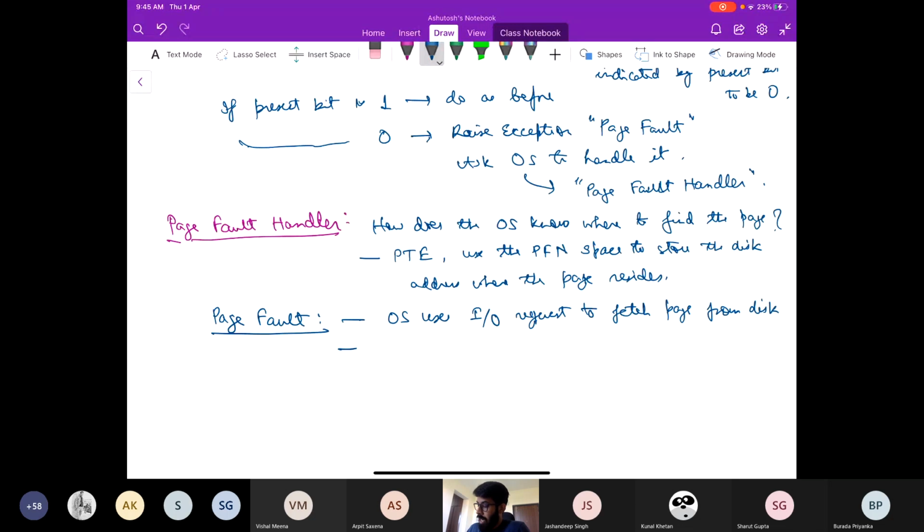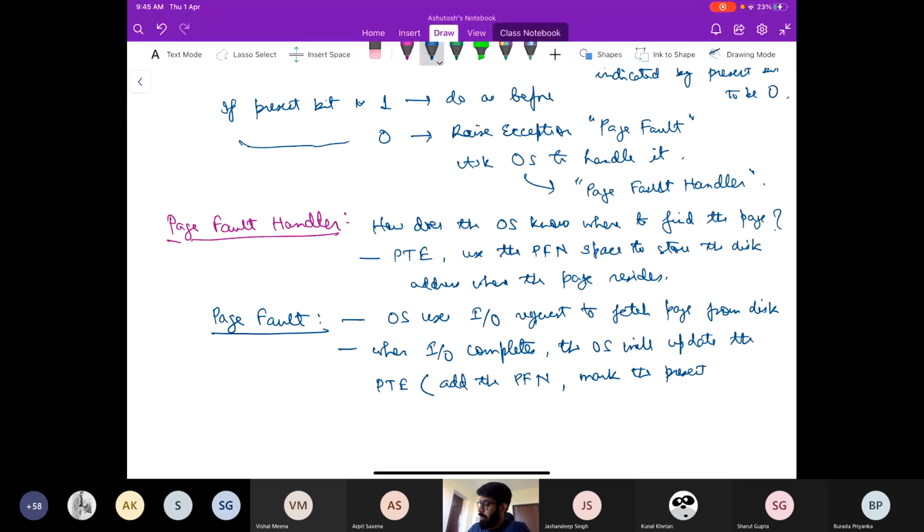And when IO completes, the OS will update the page table entry. So basically add the address, mark the present bit to be 1.